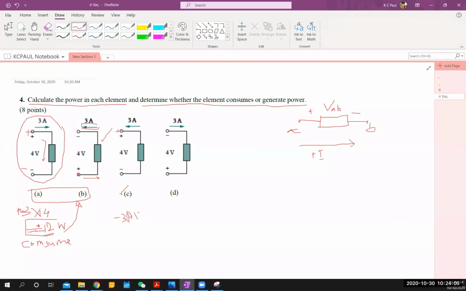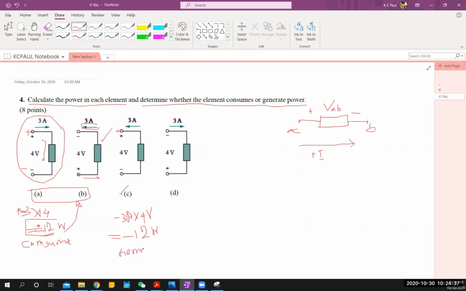Minus 3 ampere times the voltage, 4, equals minus 12. The 3 ampere is showing outwards, and if we make it inward, it will be a minus here. So this minus 12 watt means it is generating power.